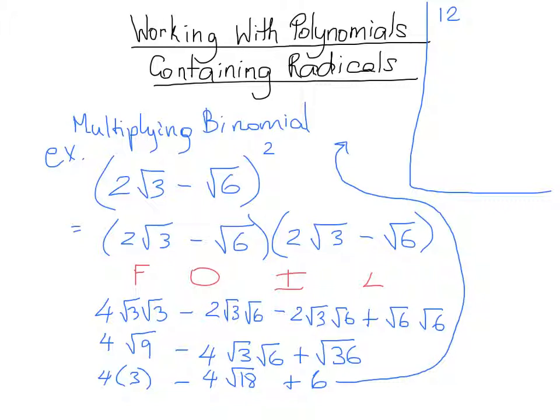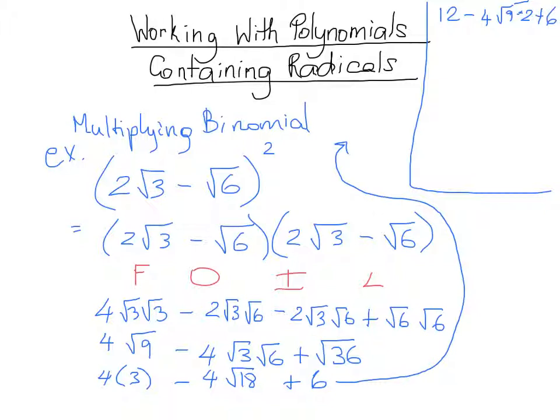Now, we can probably break this down a bit. Root 18 is actually root 9 times 2, so I'll rewrite it that way so we can simplify. Minus 4 root 9 times 2, plus 6.